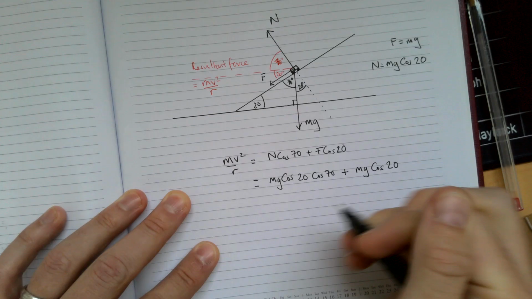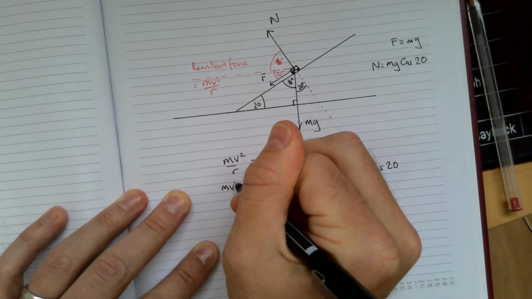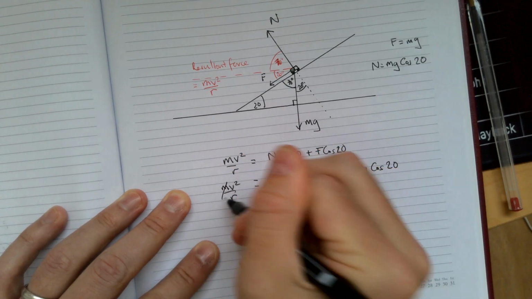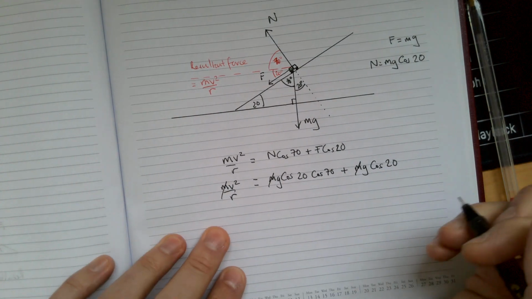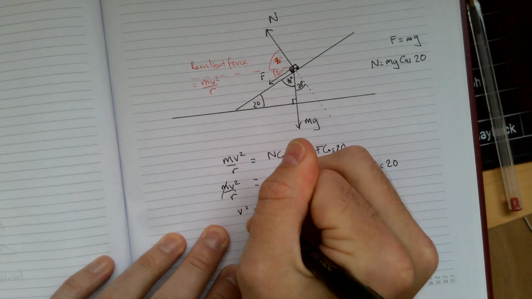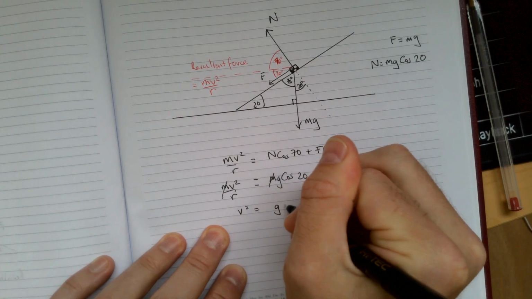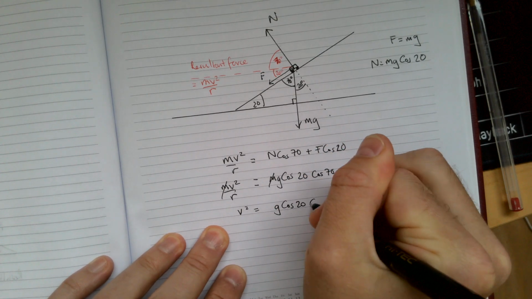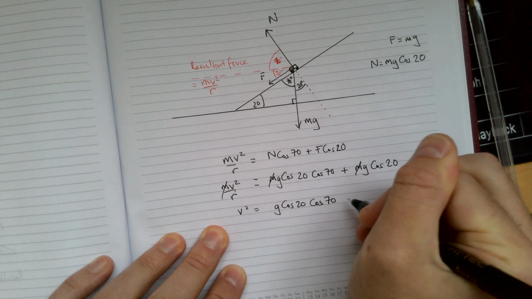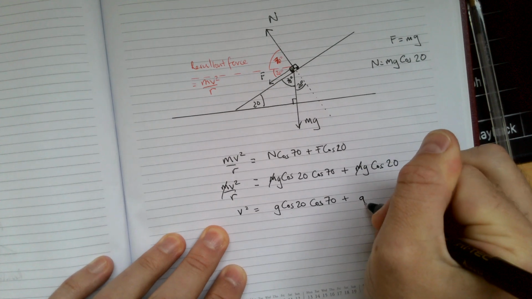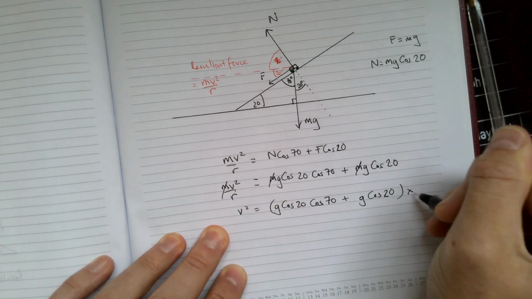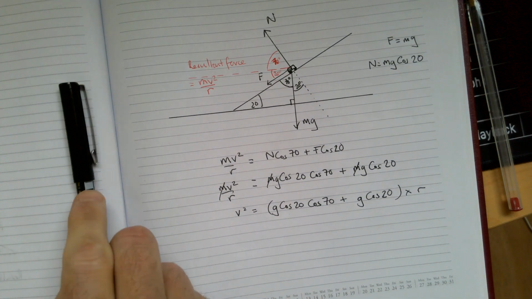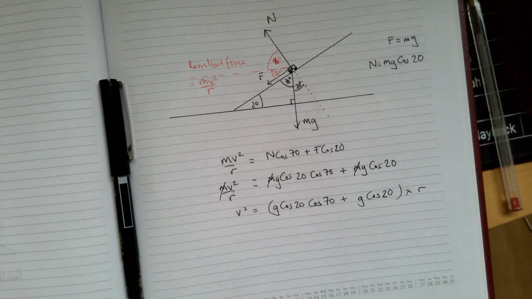Now, mv squared over r, the m's all cancel. Okay, so then v squared is g cos 20 cos 70 plus g cos 20, all multiplied by r. So we can stick that rather unusual looking thing into our calculators.